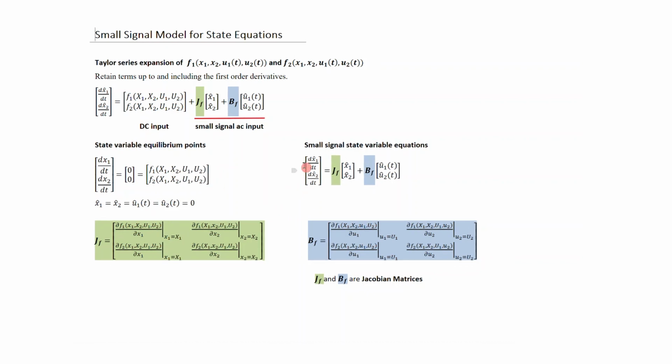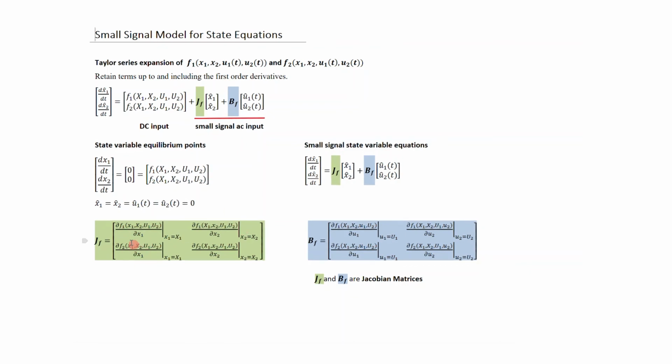All right, and so once you do this, then this is 0, and so the small signal model only contains those entities which involve small signals. This is not a small signal. You end up with just the Jacobian matrix for the state variables and the Jacobian matrix for the input variables. And so this is the final small signal state variable equation.